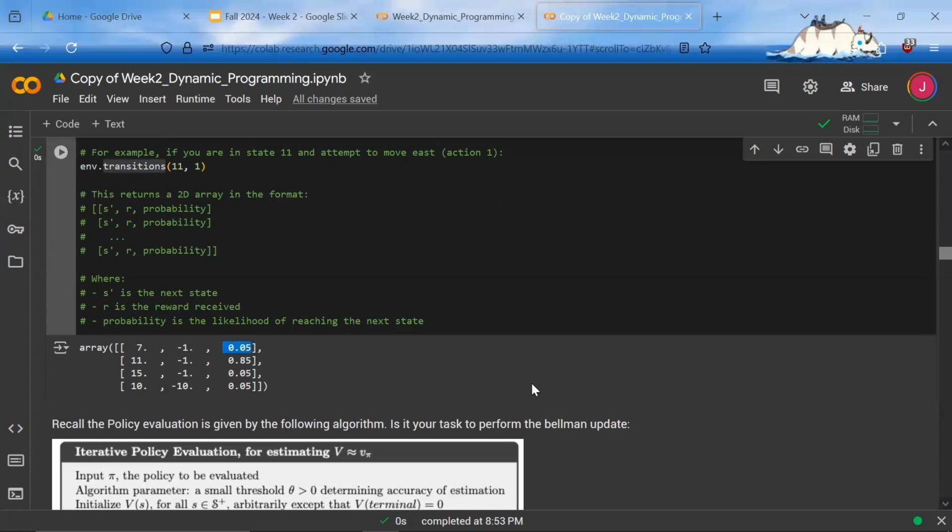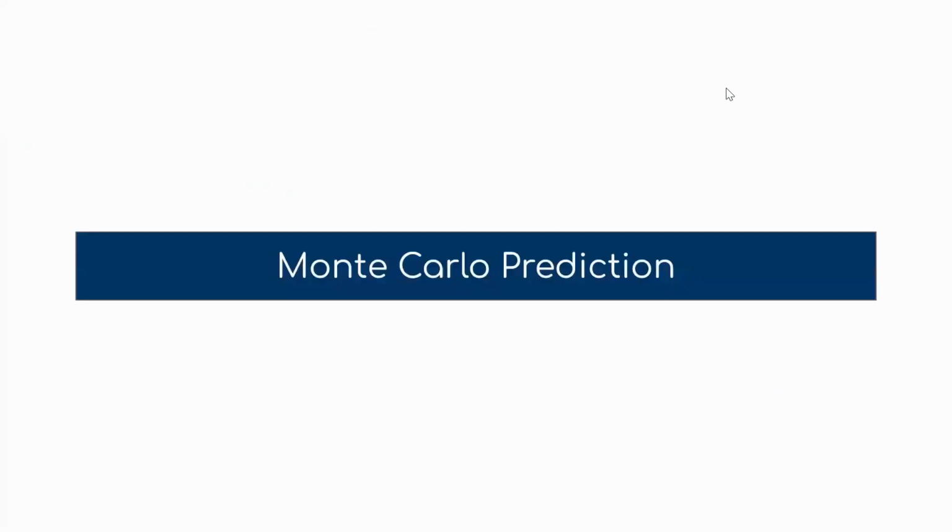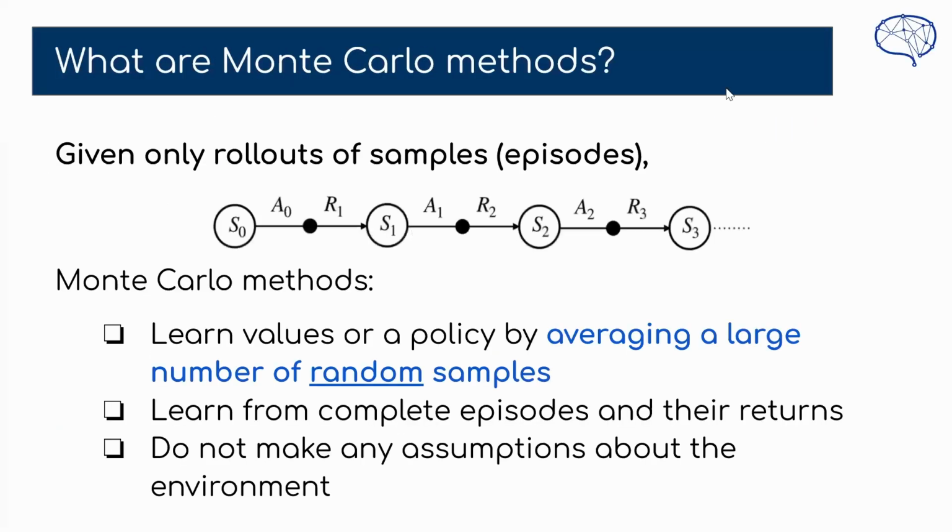We know the first two: which state we're in, and the action that we're taking. But we don't know the probability distribution for our next state. That's where Monte Carlo comes in, where we're taking sample averages, kind of like k-armed bandits.